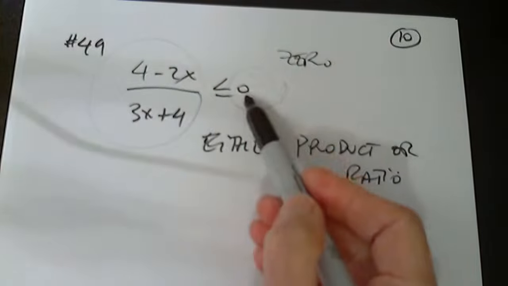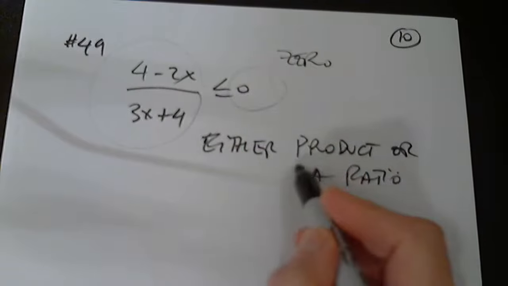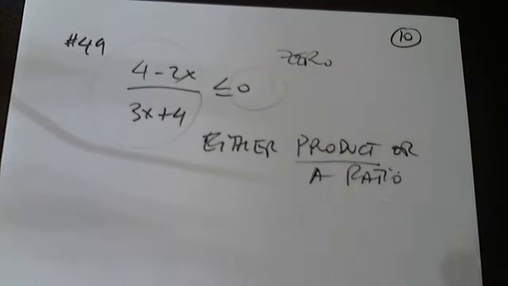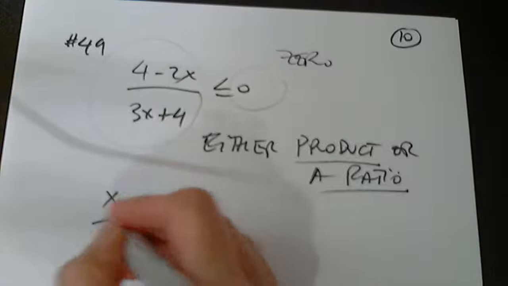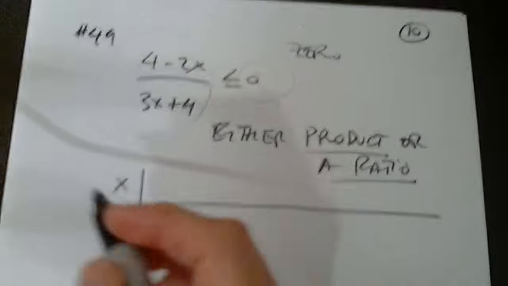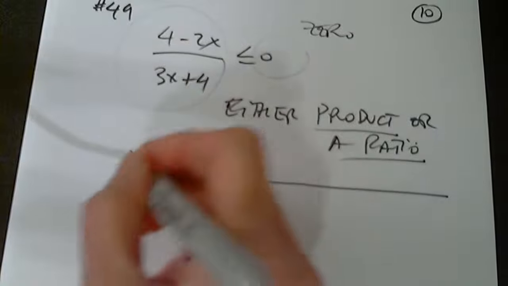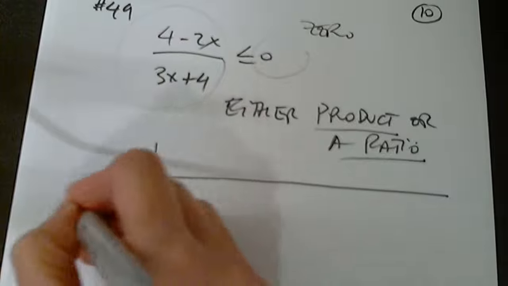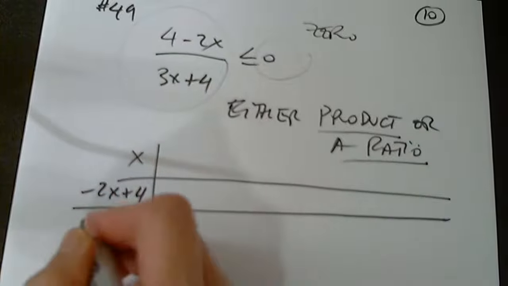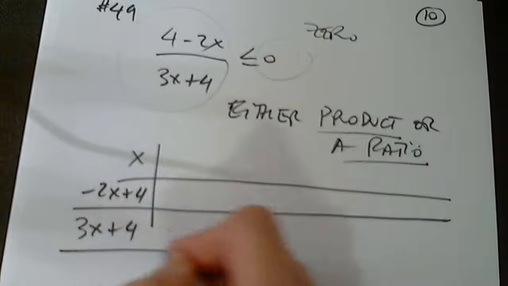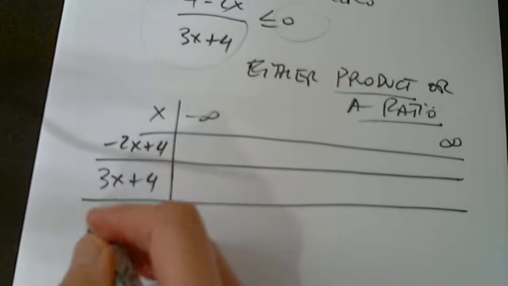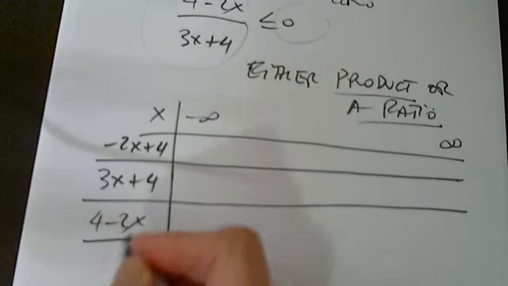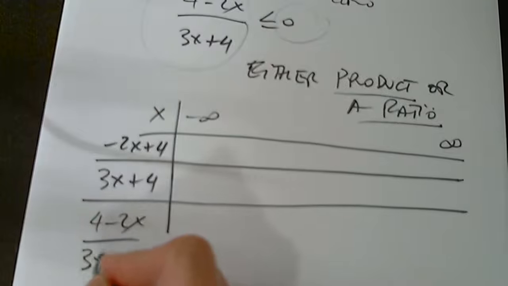But one side has to have 0 and the other has to have either a product, as we just did, or a ratio. It has a ratio. In order to make sure that you don't make a mistake, always present polynomials in descending order. Don't let them confuse you. As the ratio, it doesn't matter.